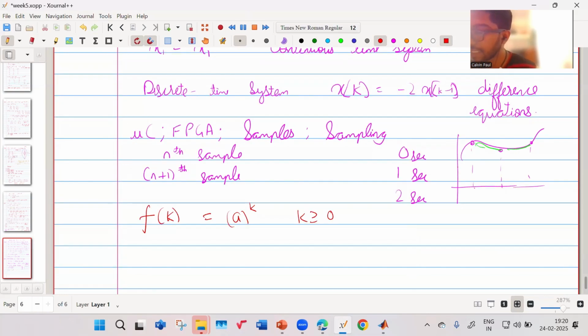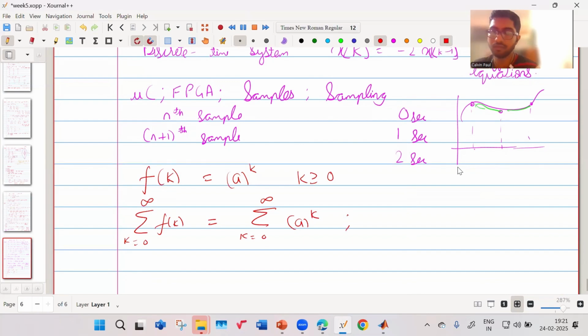I will have to find the summation of the impulse response, where k is going from 0 to infinity. So I have to find the summation, k going from 0 to infinity, a raised to k. So what will be this value? Also, one more thing is a is less than 1.